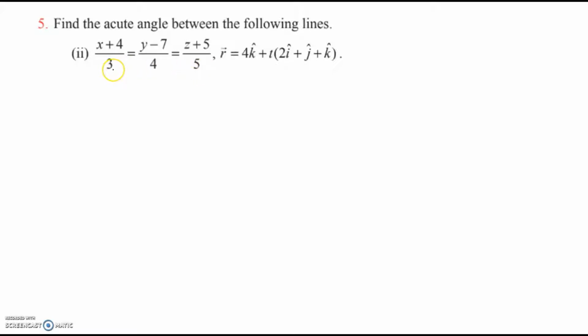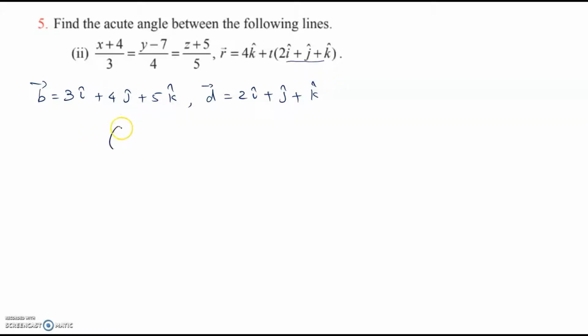So if you have a vector with 3 i cap, 4 j cap and 5 k cap, then this line will be parallel to this vector. So let's define vector B as 3 i cap plus 4 j cap plus 5 k cap. Similarly, we can define vector D, which is this one, as 2 i cap plus j cap plus k cap.